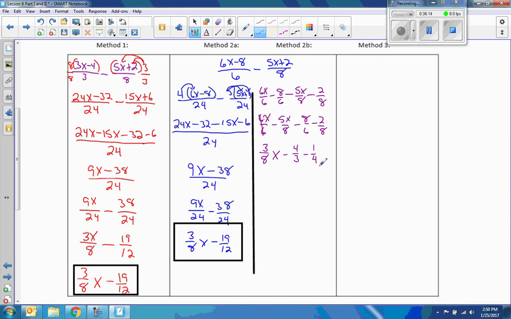Now I can find the common denominator for 3 and 4, and that's 12. So now I have 3/8x minus 2 fractions with a denominator of 12, and I had to multiply the top by 4, and 4 times 4 is 16. I multiply this one by 3 over 3, so 1 times 3 is 3. So now I finally get 3/8x minus 16 minus 3 is 13 over 12.